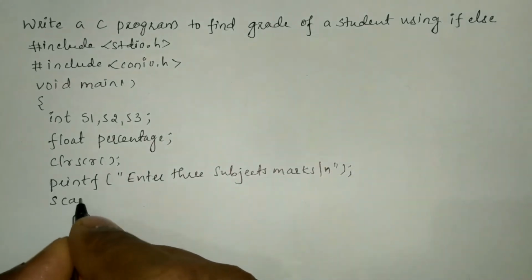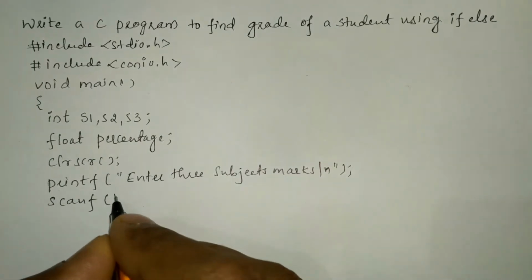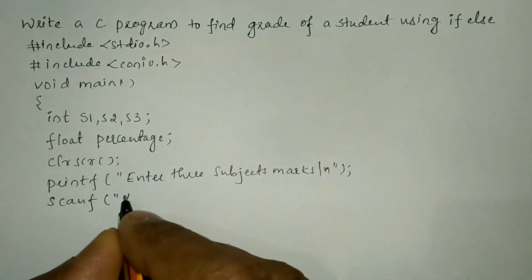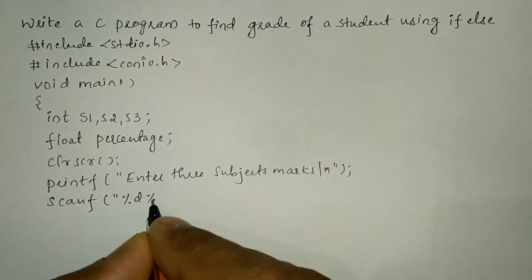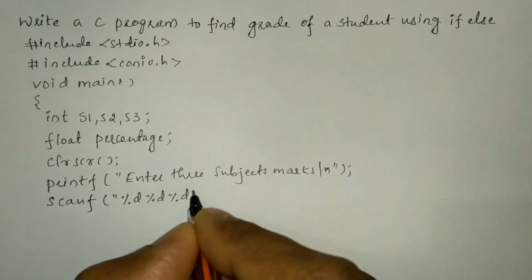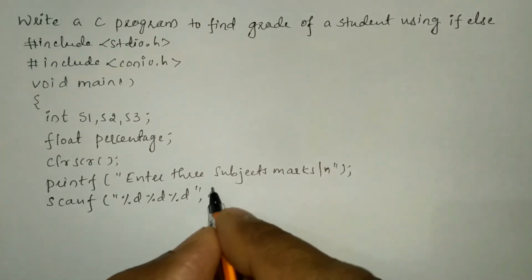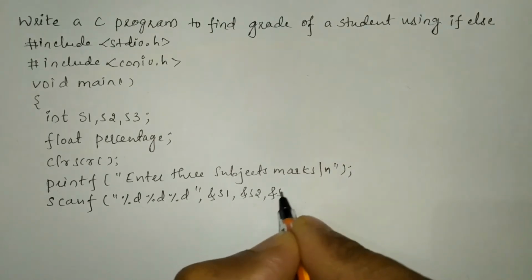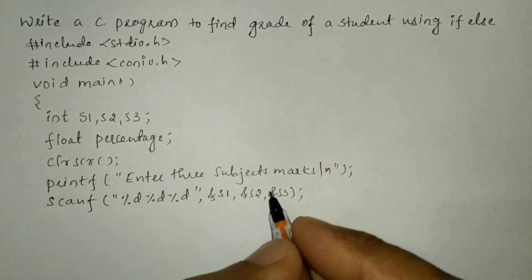Using the scanf function we are going to receive these 3 subject marks using format specifiers %d %d %d in the double quotation marks, put comma, &s1, &s2, &s3 and put semicolon.